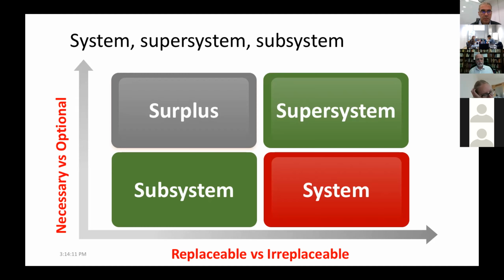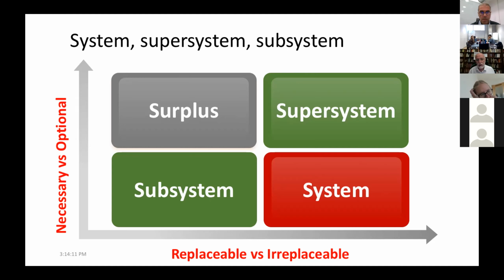If it is optional, but you cannot replace it, it is super system. It means it is not yours. For instance, a car is a system. The road is a super system. You cannot replace it, but you don't need to use it. You can go using another road.